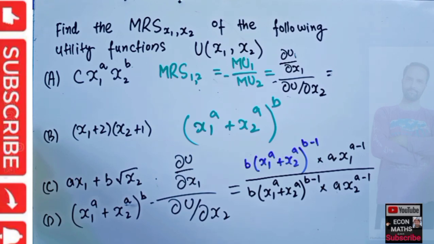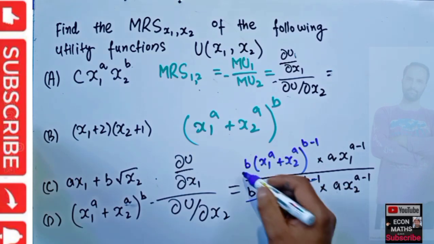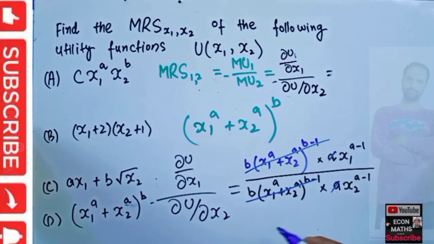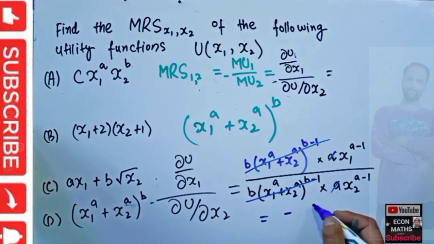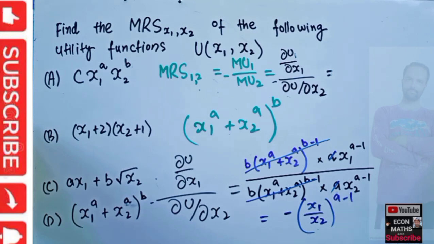So here all this stuff will get cancelled, a and a get cancelled, and we get minus, because the slope of the indifference curve is obviously negative, rather it is downward sloping, so we will get x1 divided by x2 raised power a minus 1.